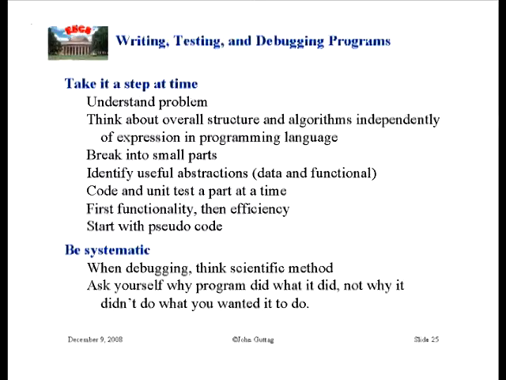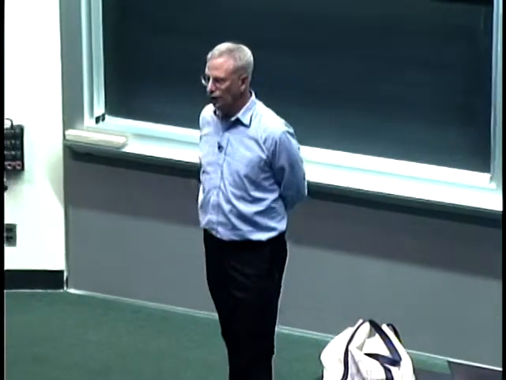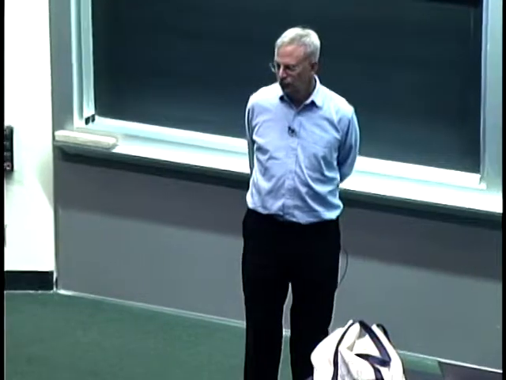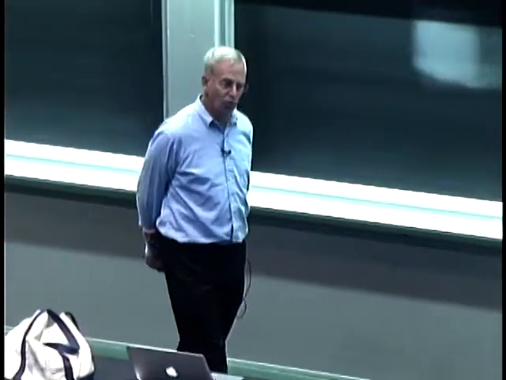Understand the problem first, then think about the overall structure of the solution and the algorithms independently of how you're going to code it up. So you might say, well, I'm going to use dynamic programming, and that's an independent decision from Python or Java or C++ or anything else to implement it. And in fact, it's pretty easy to translate a well-organized program from one language to another.